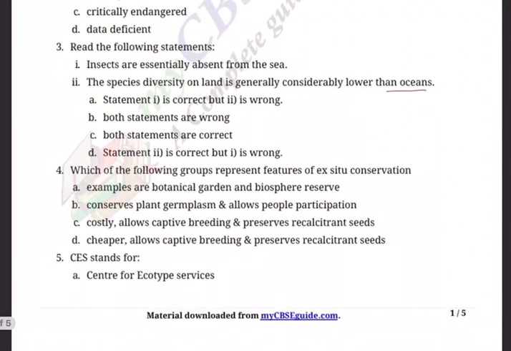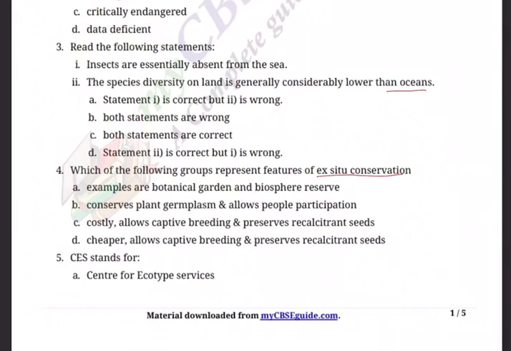Question 4. Which of the following groups represents features of ex situ conservation? A. Examples are botanical garden and biosphere reserve. B. Conserves plant germplasm and allows people participation. C. Costly, allows captive breeding and preserves recalcitrant seeds.